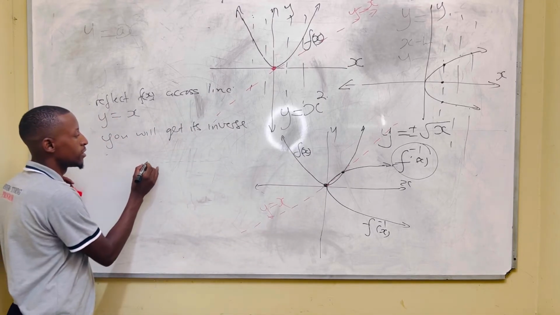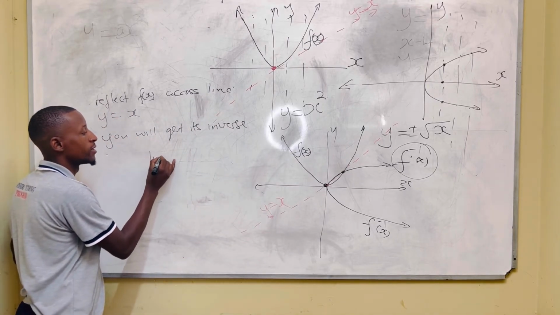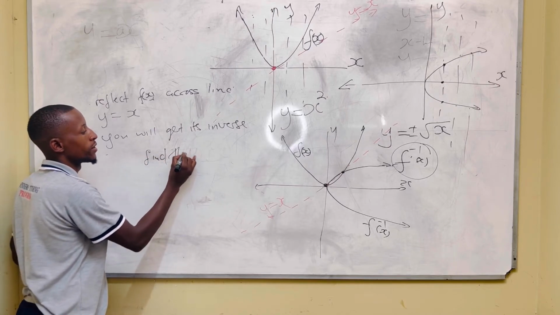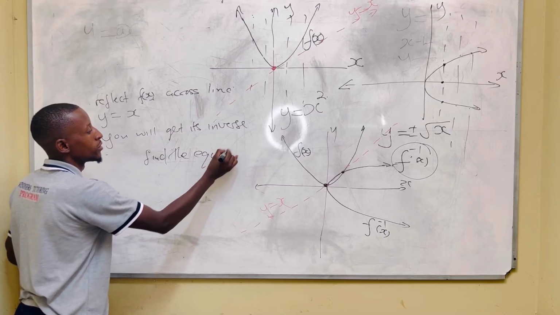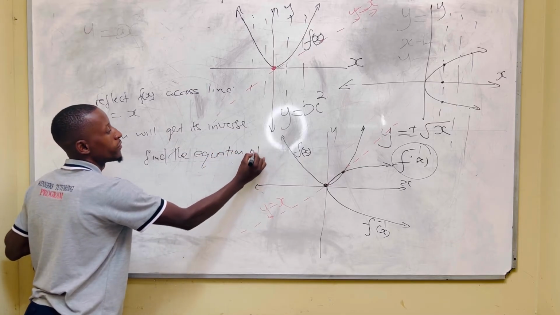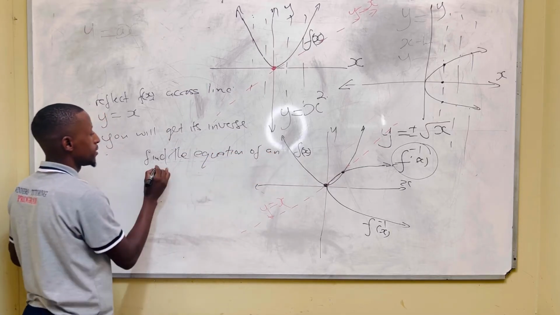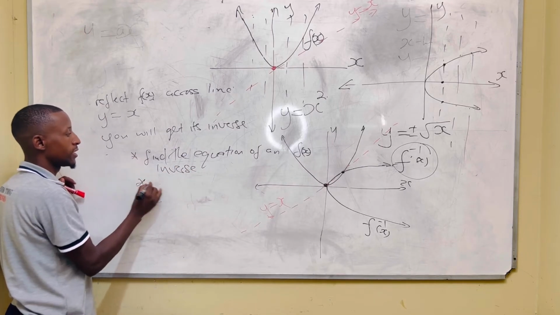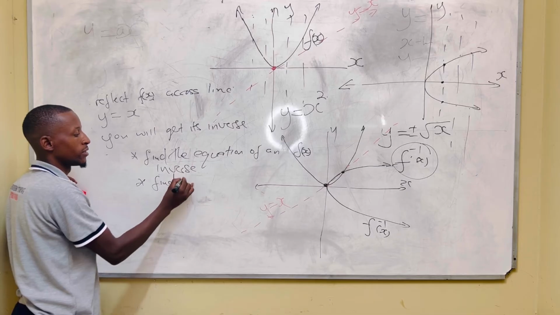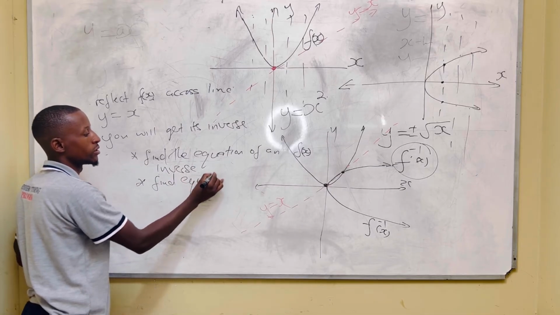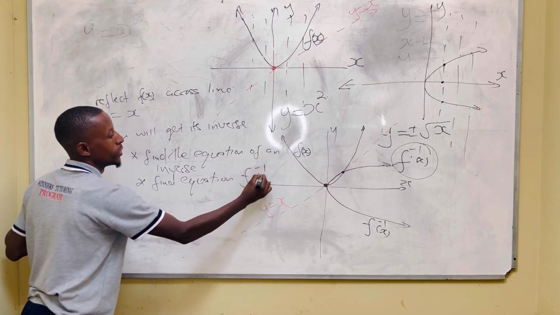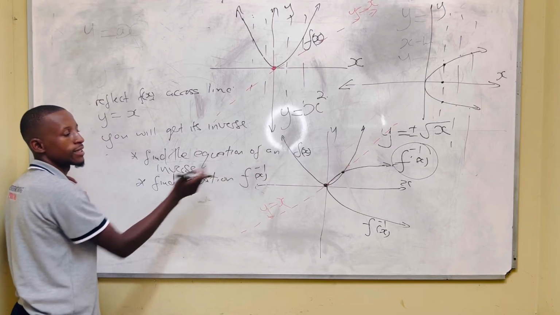The question can say, find the equation of an inverse, or they can say find the equation with this notation. This and this are the same.